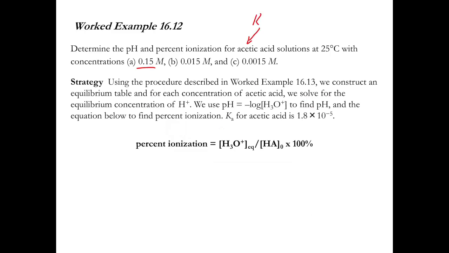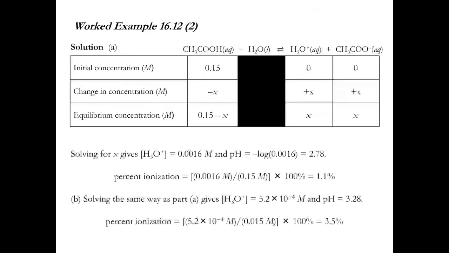Remember, acetic acid has a Ka value of 1.8 times 10 to the minus 5. So if we solve for our final concentration of H3O plus in that 0.15 molar acetic acid solution and compare that to our starting concentration of acetic acid, that's what's going to allow us to find percent ionization.